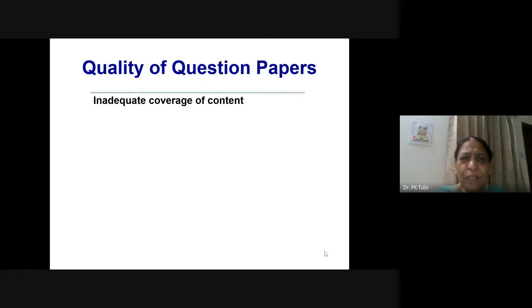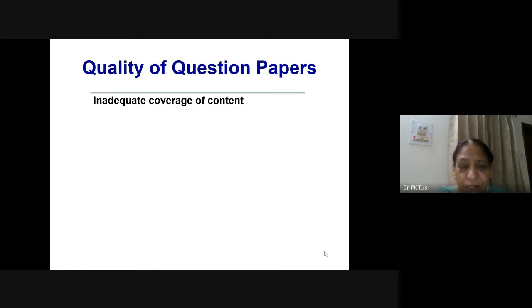There are a few institutions where it is compulsory for students to attempt all the questions, but in the majority of universities the rule is to attempt any 5 out of 8, or if it is divided unit-wise into unit 1, 2, 3, then there are choices built into various units.